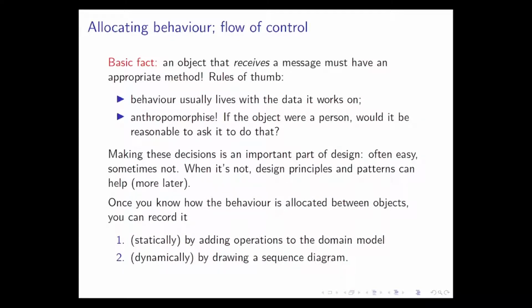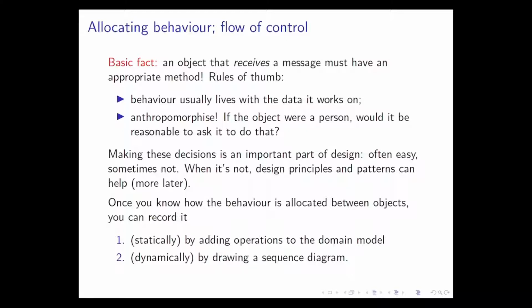So when you think about allocating behaviour to different objects, the basic fact that's really important to know, and I hope you do, is the idea of how the message flow direction fits with the allocation of behaviour. So an object that receives the message must have an appropriate method, which is to say a method that allows the object to react sensibly to that message, to implement appropriate behaviour.